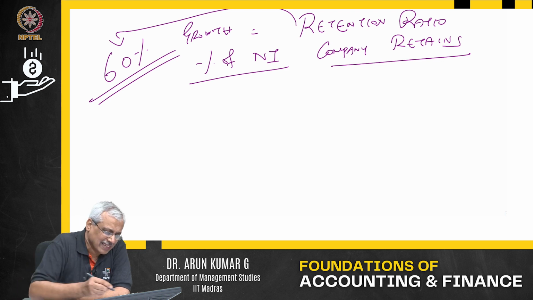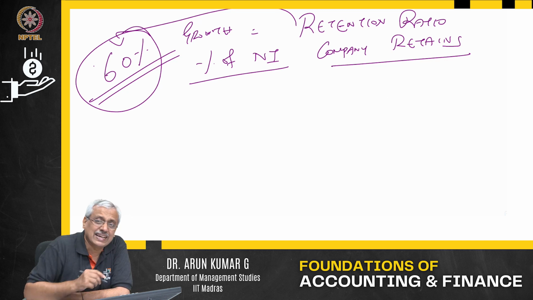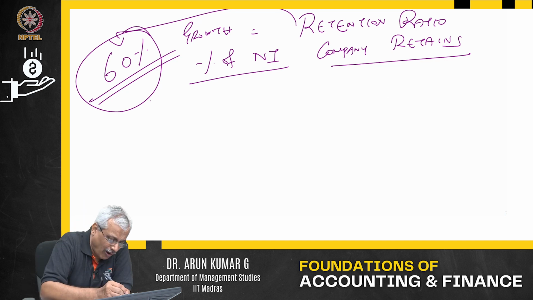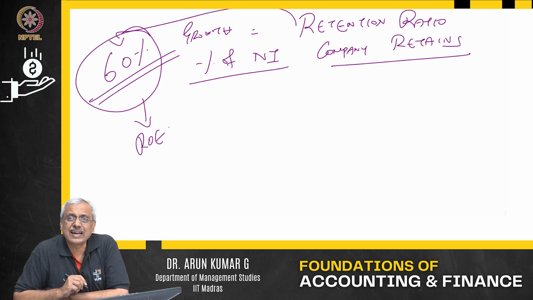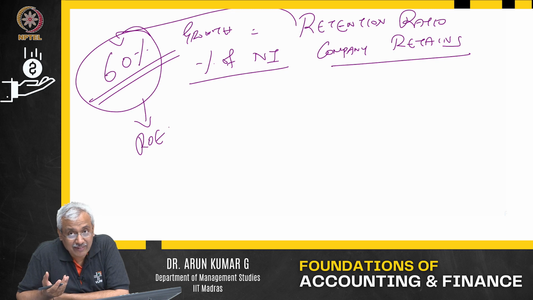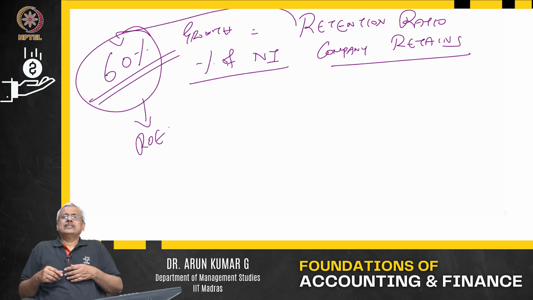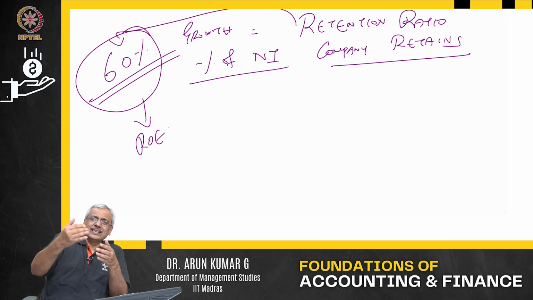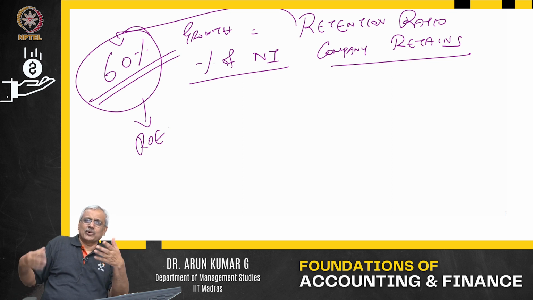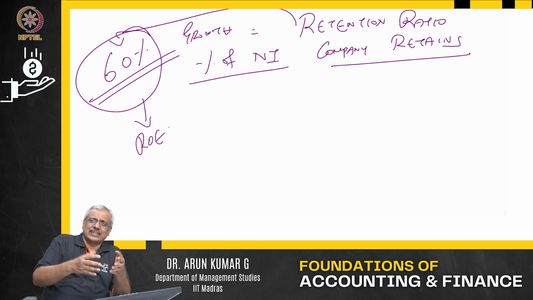Now, the belief is that this 60% that I am retaining and reinvesting will also earn at the same rate at which my original capital earns. Sometimes the additional retentions you make may not get the same kind of return as your original capital, might get a slightly lower one, because for original capital you are manufacturing some product and selling. This money you are using for some improvements.